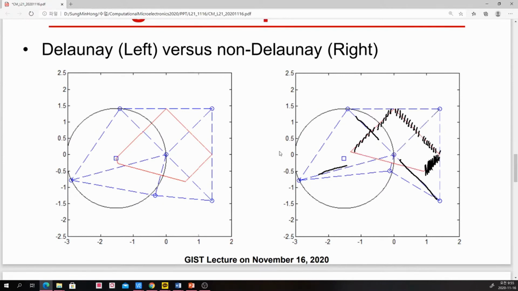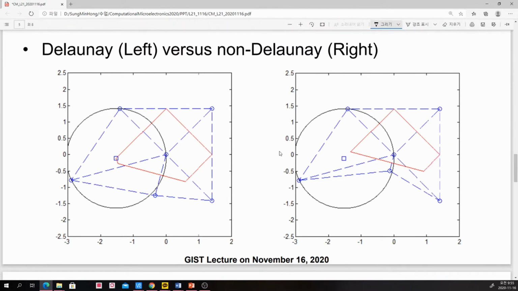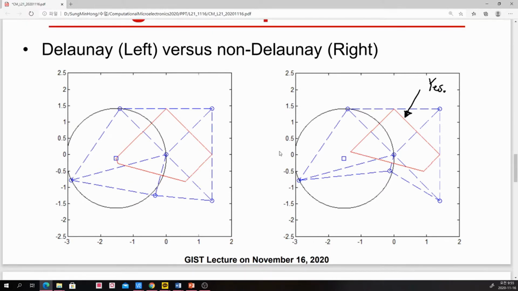Here, in this right figure or right example, is this the correct Voronoi volume? Yes, it is a Voronoi volume calculated in a correct way. But here, it has no connection between this and that.